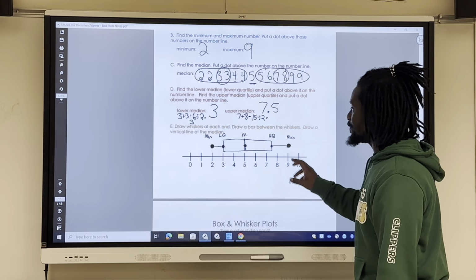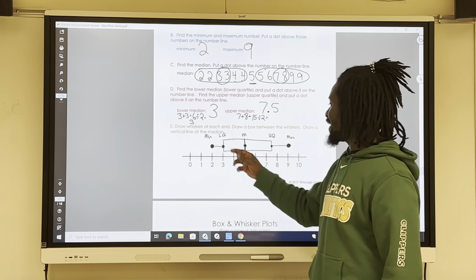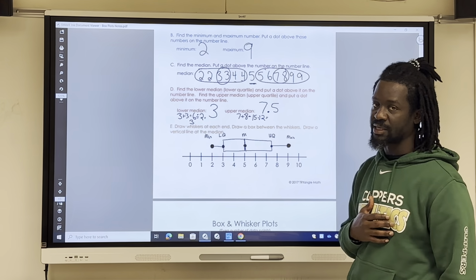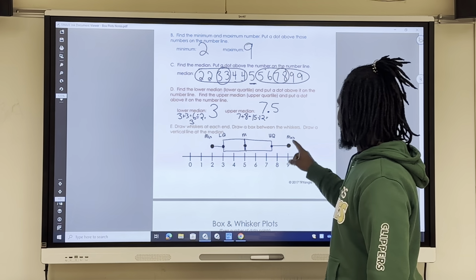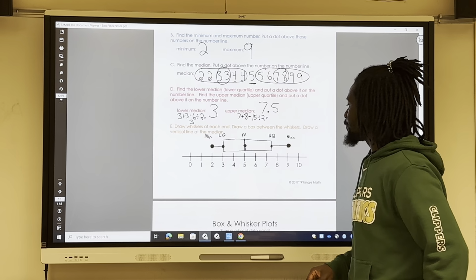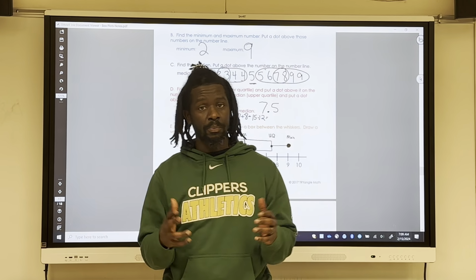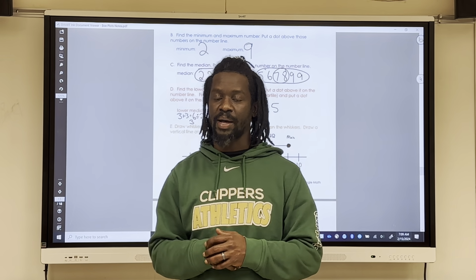We did that by putting dots at each of the numbers we identified: the minimum and the maximum, the median, the lower quartile, and the upper quartile. That is a recap of how you create a box plot.